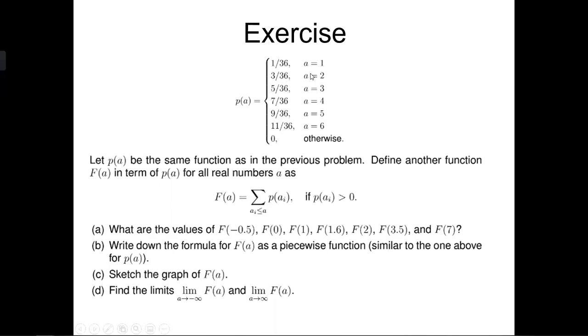So the probability of 2 itself plus the 1 prior to it. Okay. Similarly, for 3, it should be the sum of the first 3. Does that make sense? Yes, ma'am. Okay. Thanks for the affirmation.